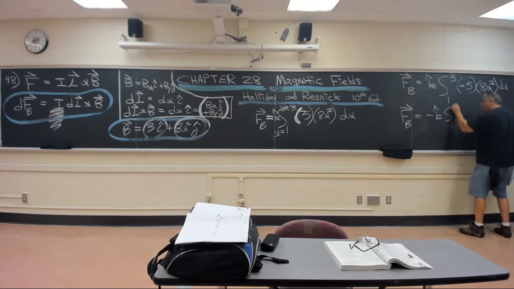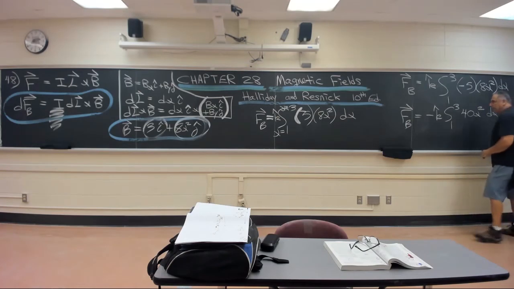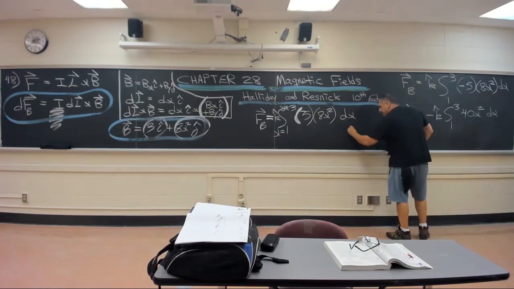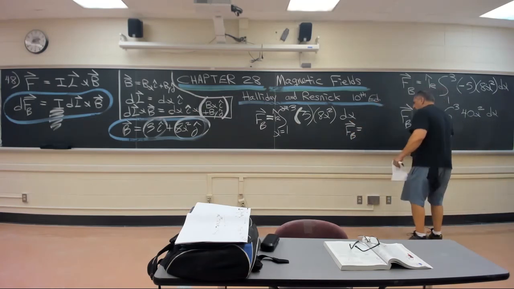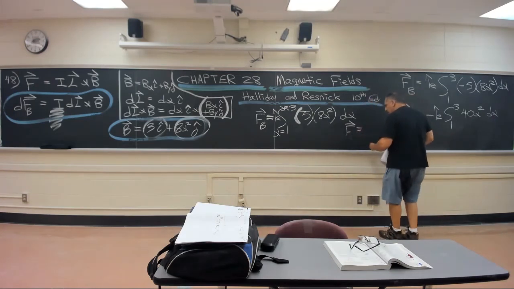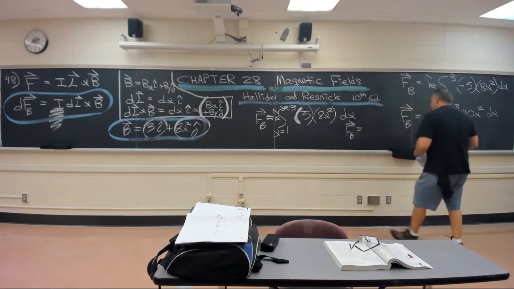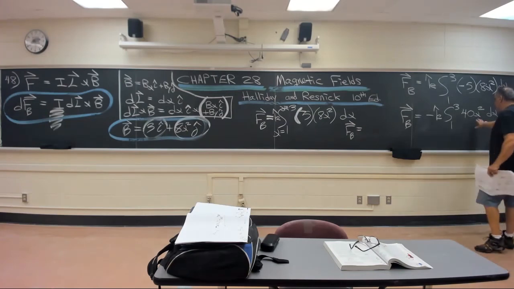Go the integral from 1 to 3. 5 times this, 5 times 8 is 40. You got this, dx. FB vector is going to be whatever this is.